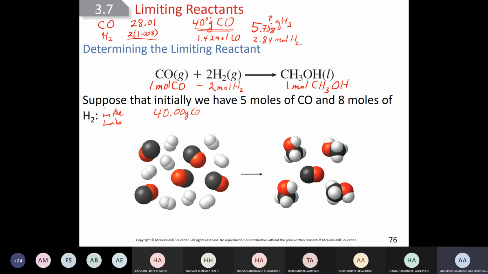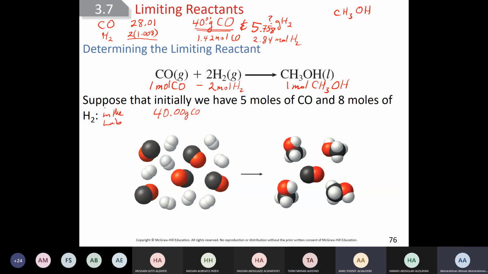Now, if I have 40 grams CO and 5.758 gram H2, how many grams CH3OH am I going to produce?